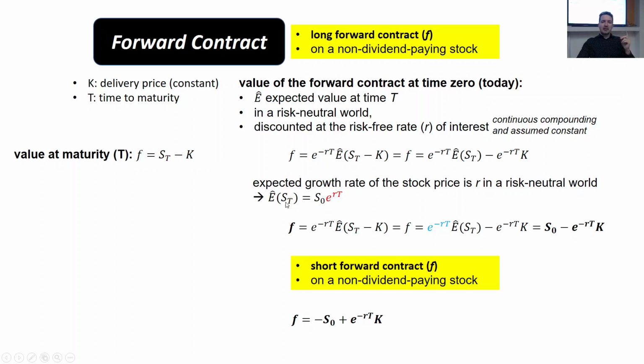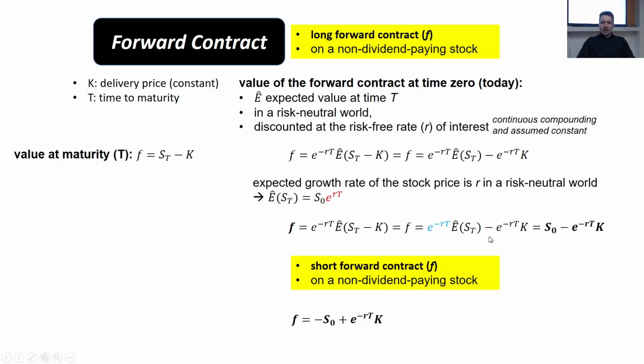So that's why we can connect this unknown expected thingy with the spot rate and the future value of this spot rate. So this guy here, and after that we can say that the future value will be the spot rate minus the future value of this delivery price. And after that, a short forward will be the same thing.